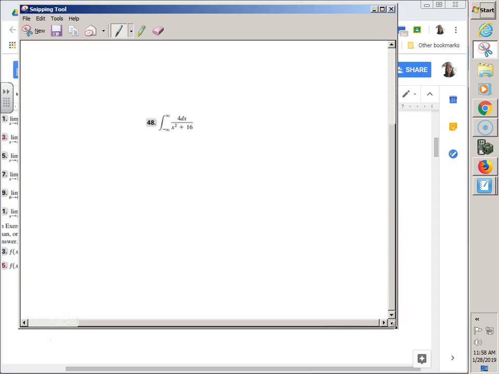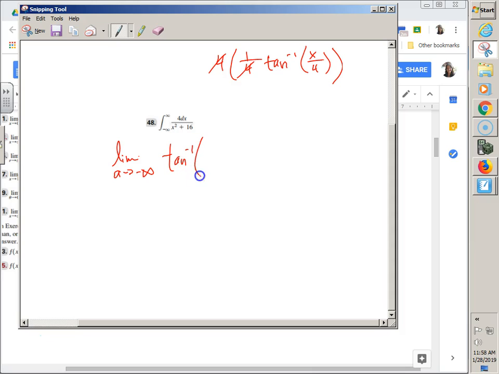But did you think tangent inverse? Yeah. Good. So I could do 1 over A, tan inverse of U over A. So I'm going to have the limit as A goes to negative infinity from A to 0, and B goes to positive infinity from 0 to B. I'm just picking 0 because it's easier.